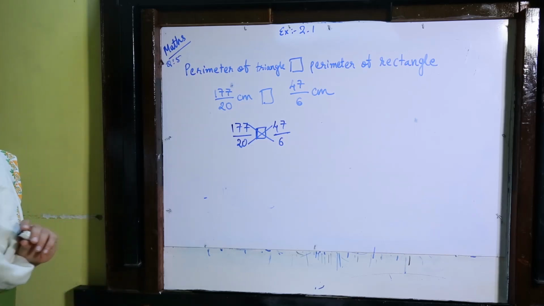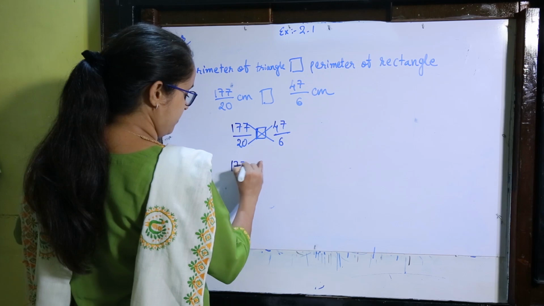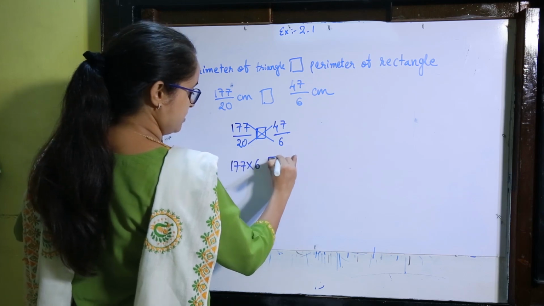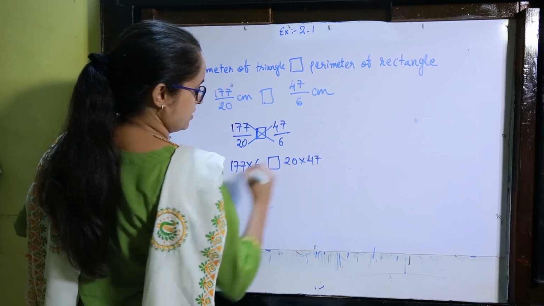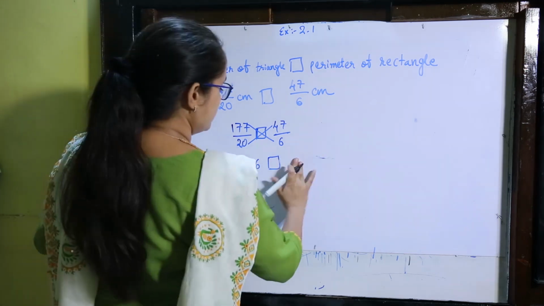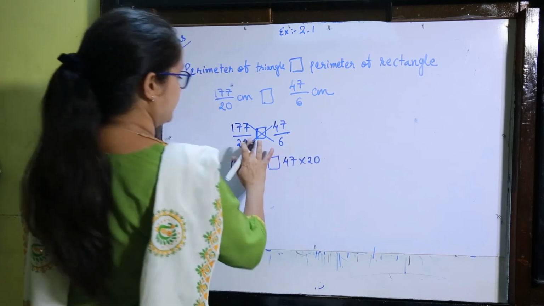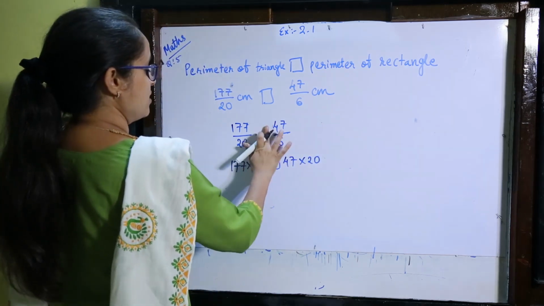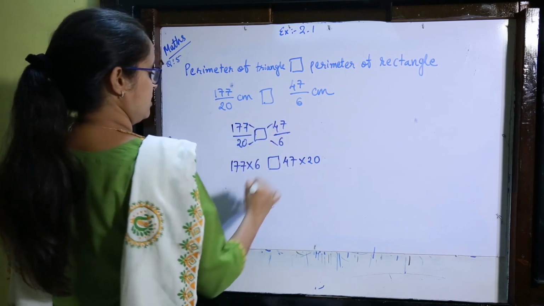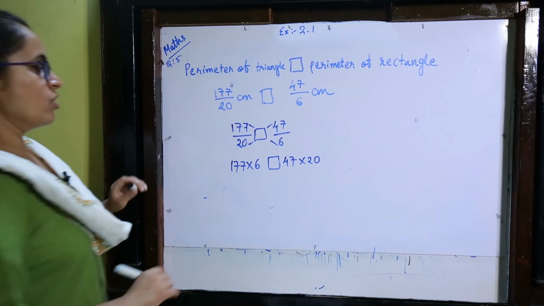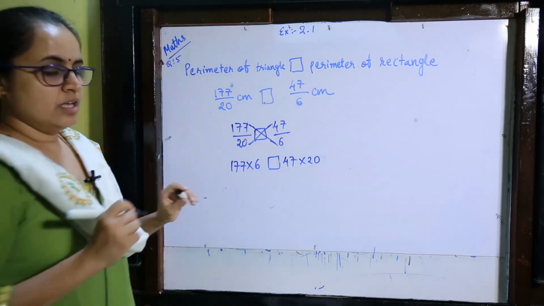That means 177 multiplied by 6, and 20 multiplied by 47. That is called cross multiplication. You can use the pencil to do this.